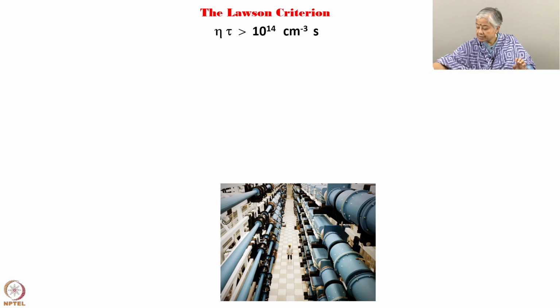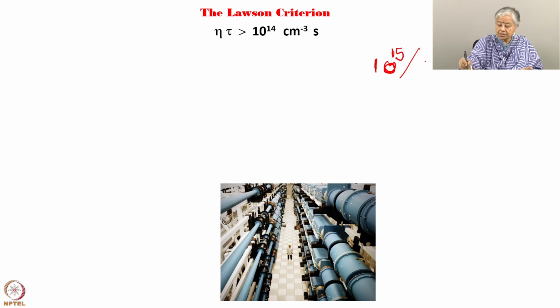So, generally, suppose I have a plasma, say it has 10 to the power 15 such ions and electrons moving about per centimeter cube.